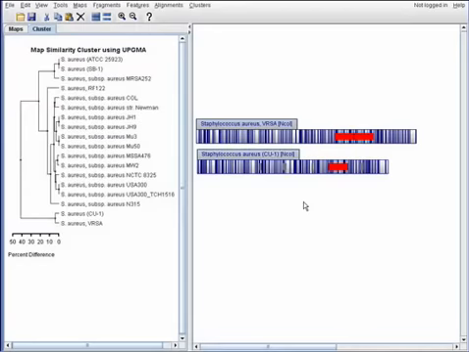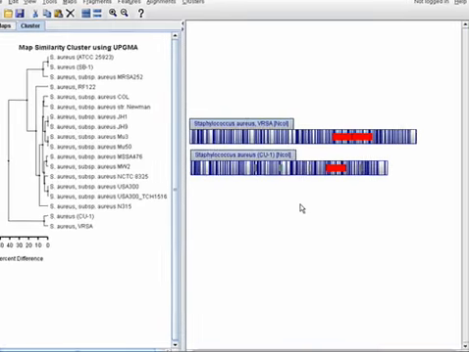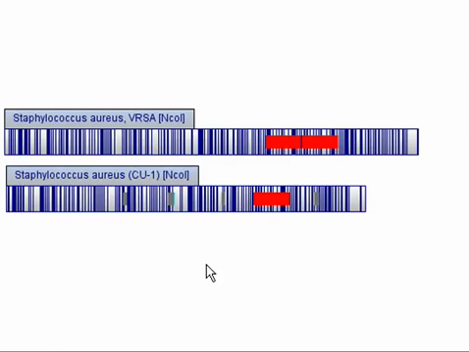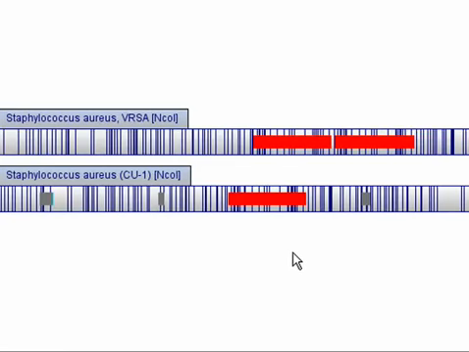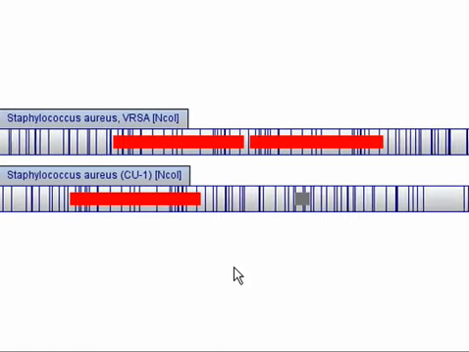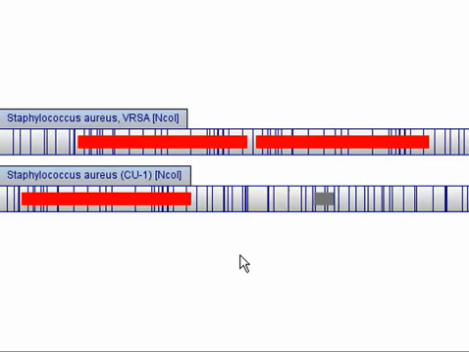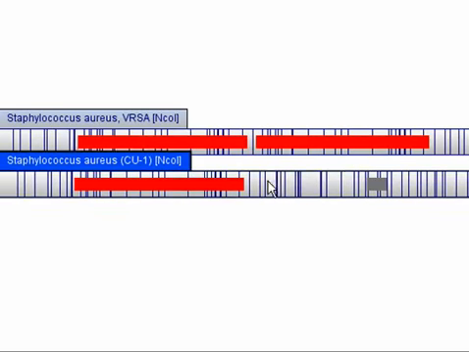Optical mapping can help you analyze emerging threats like vancomycin-resistant Staph aureus or VRSAs and discover the unexpected. We compared a clinical urine isolate CU-1 to a VRSA isolate and discovered that there is a 273 kb repeated region shown by the red features in the VRSA isolate that would probably never have been detected by other technologies such as microarrays.